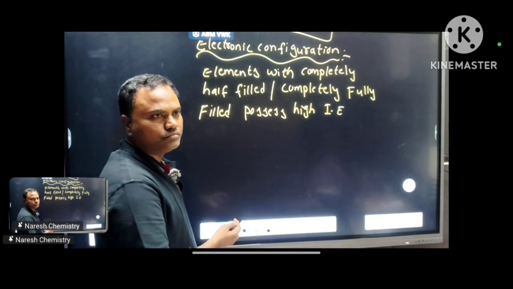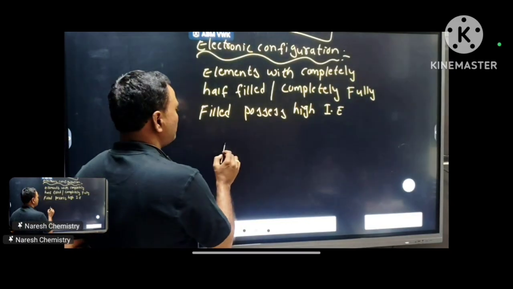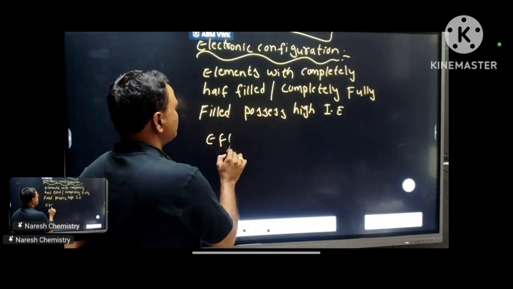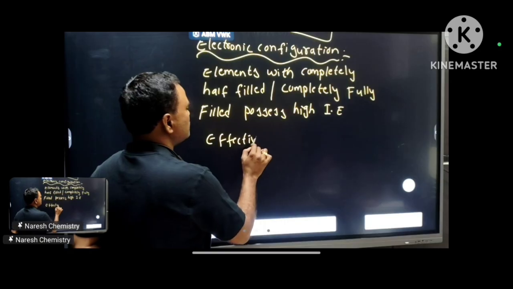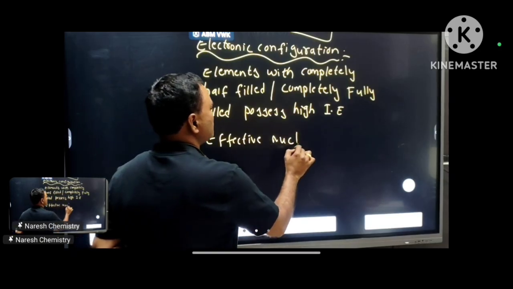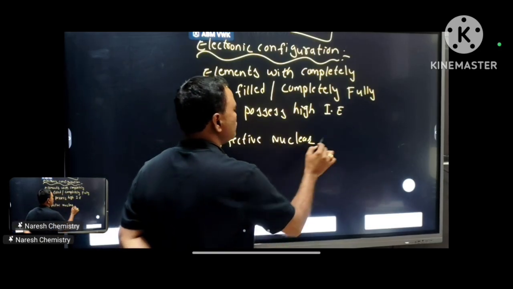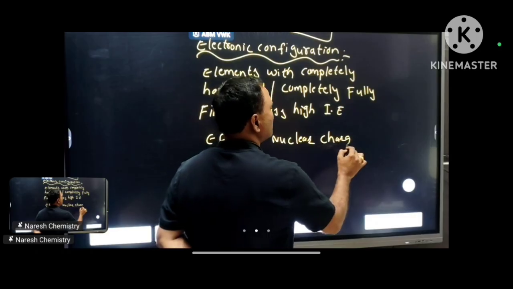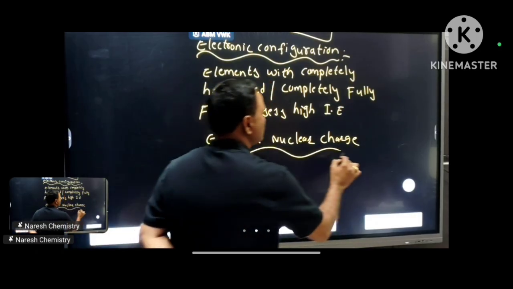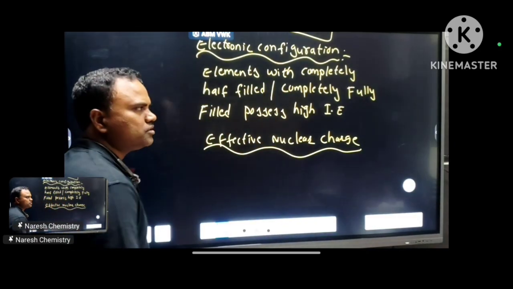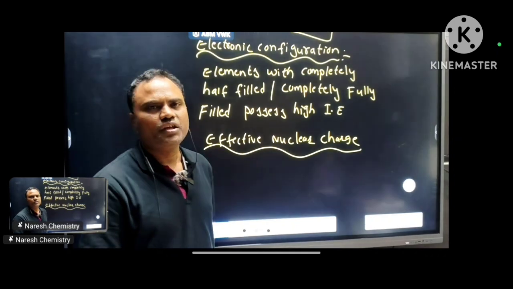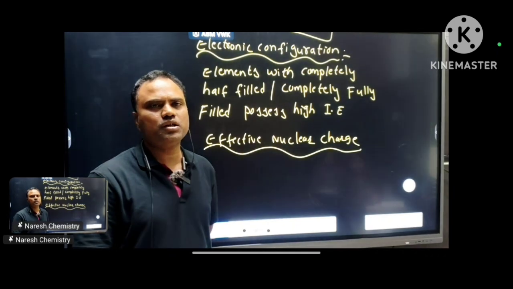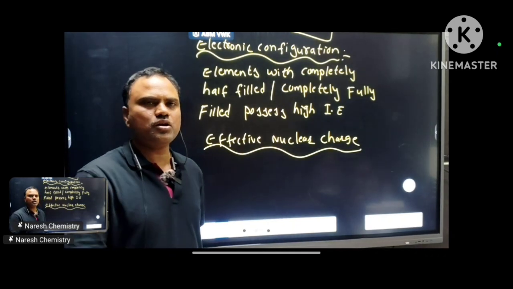Next, effective nuclear charge. If effective nuclear charge is more, then ionization energy is more. Effective nuclear charge means the attraction power of the nucleus on the outermost electron or electrons present in the orbit.